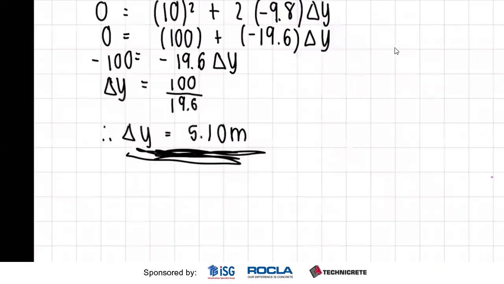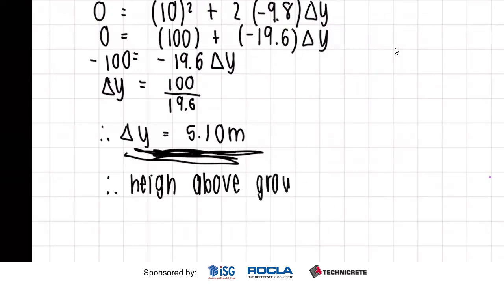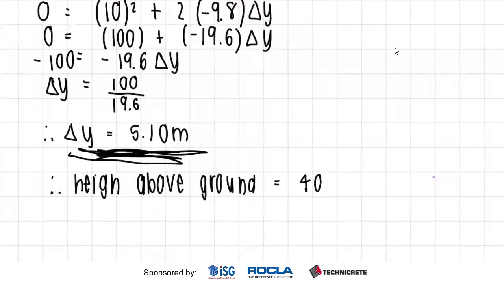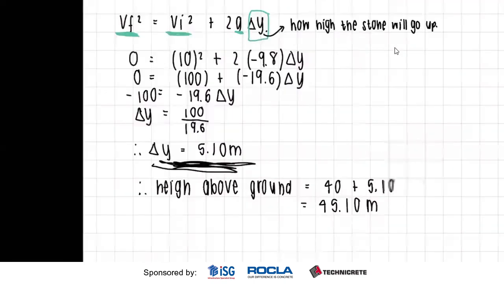So that's our change in y. Therefore our height above the ground is 40 meters, which is the height of the building, plus the 5.10 meters that we just worked out. Therefore, the height above the ground is 45.10 meters. Okay.